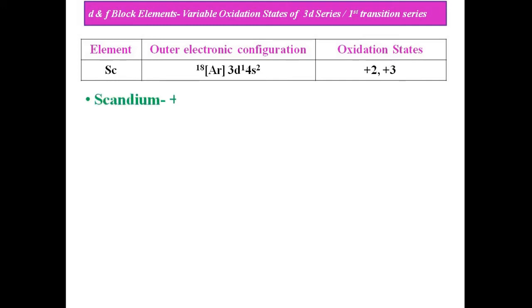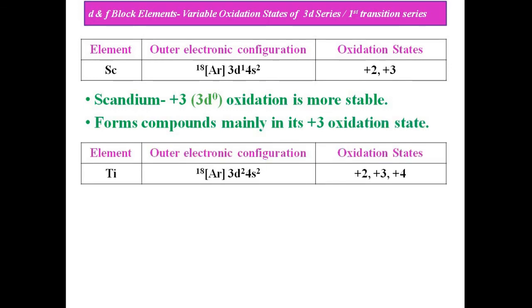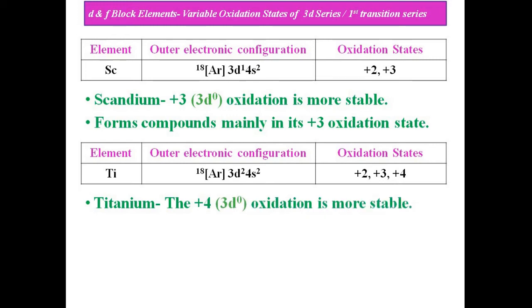Scandium, +2, +3. Here +3 is the more stable one, as 3d becomes 0, so it generally forms compounds in this +3 oxidation state only. Then the second one, titanium, +2, +3, +4. +4 is the more stable one, as 3d becomes 0.